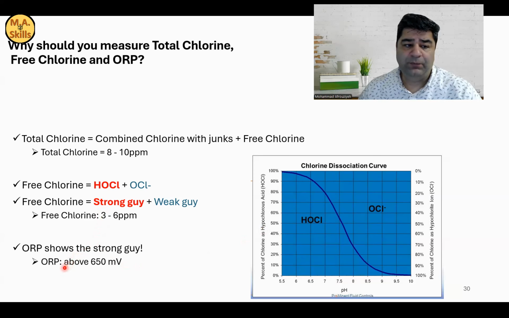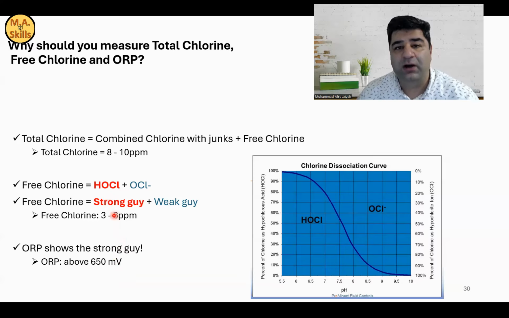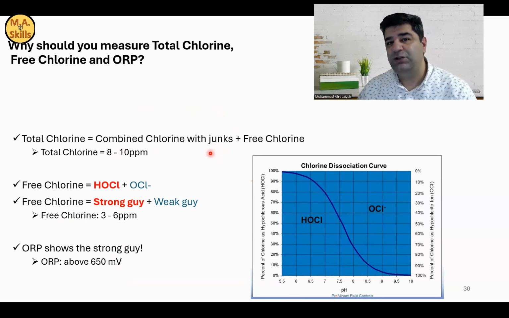And ORP, or oxidation reduction potential, shows the strong guy. It means that if your ORP is above 650 millivolts, it shows that the concentration of acid form, or strong guy, is high, which is good. So that's why we need to measure all of them. And as your free chlorine level is closer to total chlorine level, it shows that the combined chlorine with junks is low.